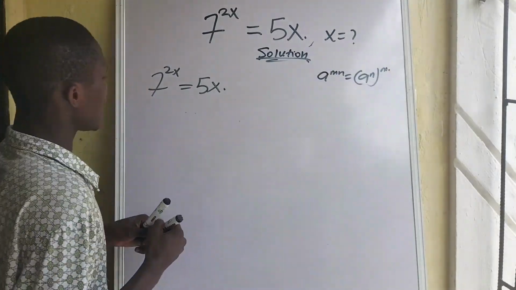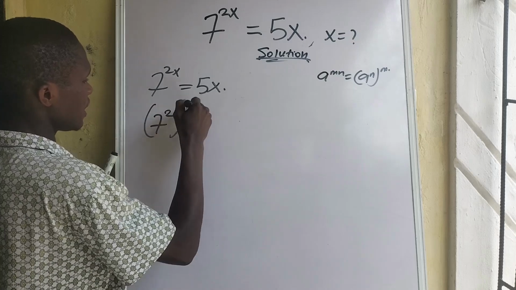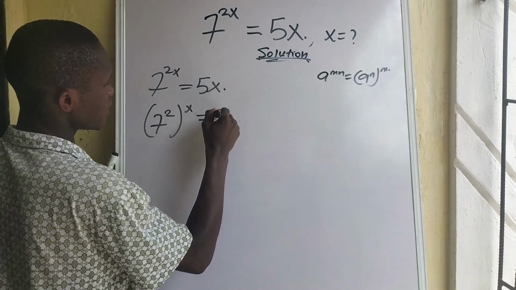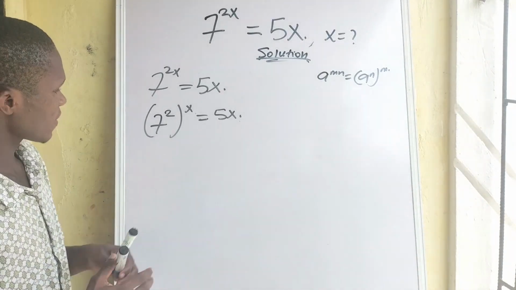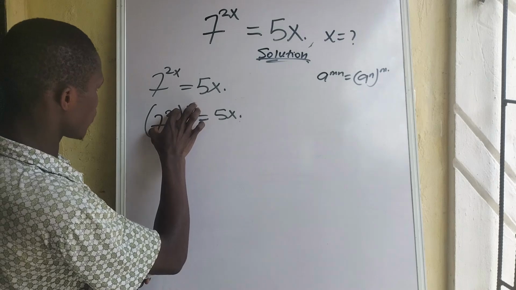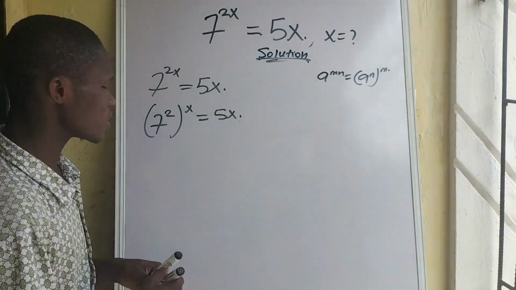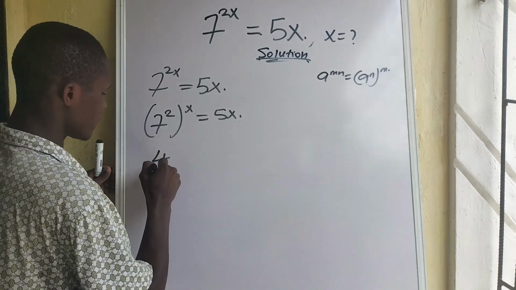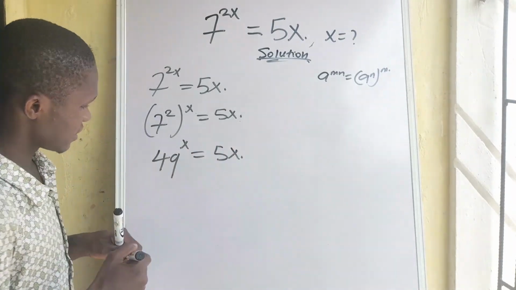Applying these rules here, I can say 7 to the power of 2x is equal to 5x. So the next thing we can do from here, 7 to the power of 2 is going to give us 49. So we're going to have 49 to the power of x is equal to 5x.